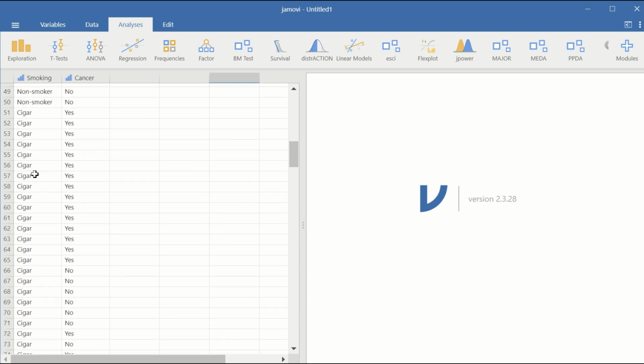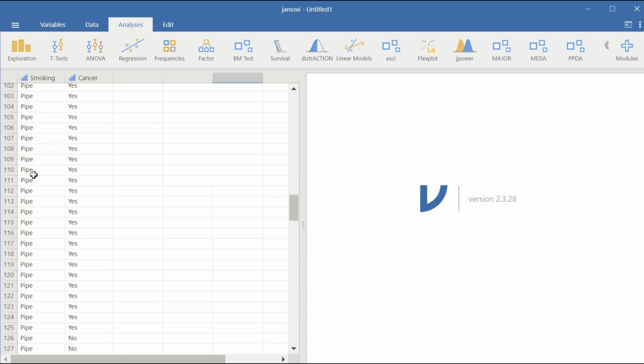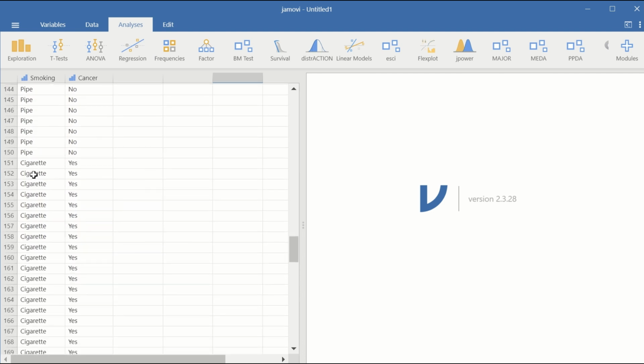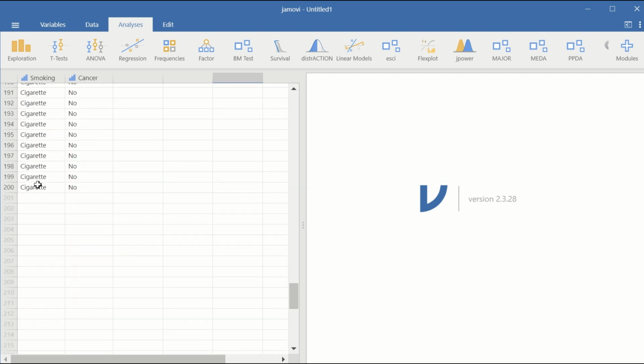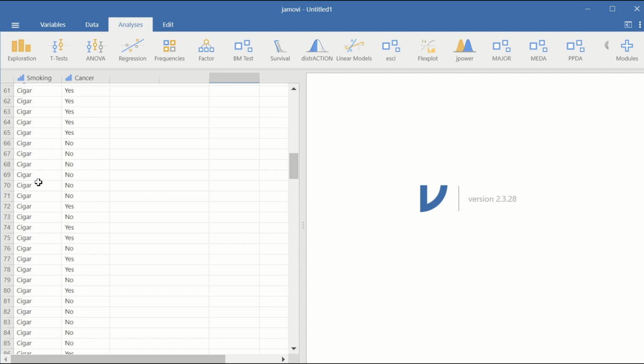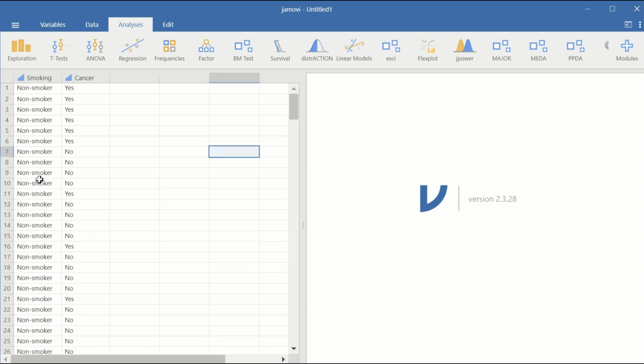The second level is smoking cigar. The third level is smoking pipe. The fourth level is smoking cigarette. So there are four categories in this variable. So it is a categorical variable, or multinomial variable, or nominal variable. It's all the same meaning.